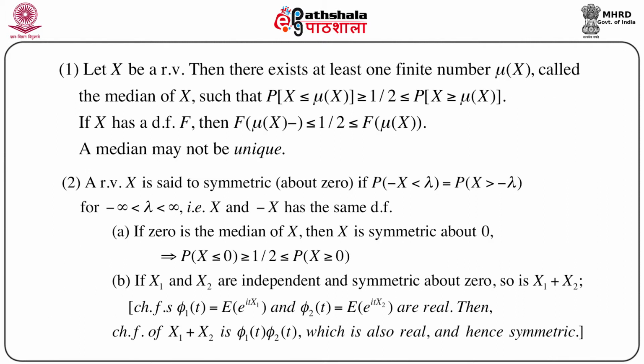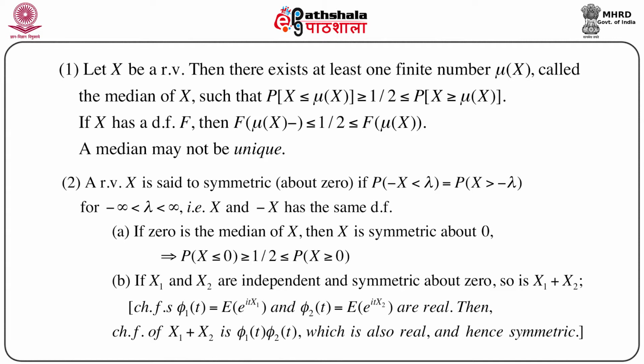First, suppose X is a random variable. Then there exists at least one finite number mu_X, which we call the median of X, defined such that probability X less than or equal to mu_X is greater than or equal to half, which is less than or equal to probability X greater than or equal to mu_X.